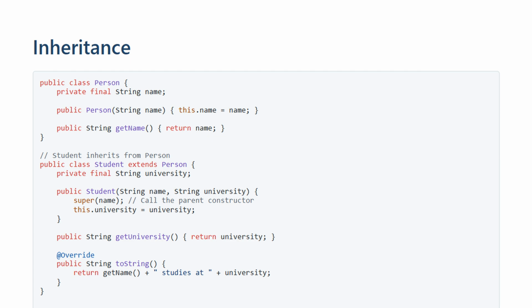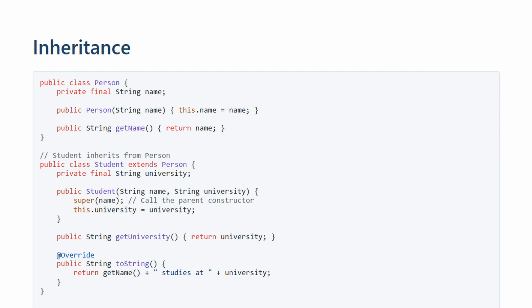Inheritance is powerful, but it comes with responsibilities. 1. Use it for true is-a relationships. If Student is a kind of Person, inheritance makes sense. But don't use inheritance just to reuse code. That's a common mistake. 2. Avoid deep inheritance chains. Long hierarchies are hard to maintain and understand.